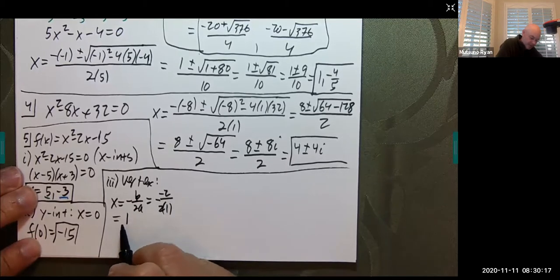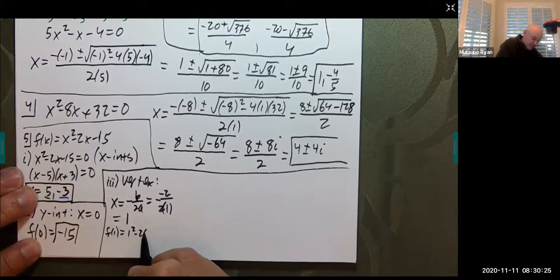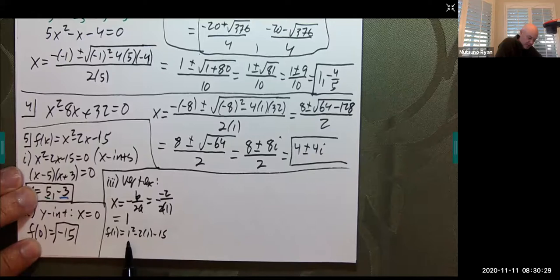So there's my x value for my vertex. My y value, f of 1, is 1 squared minus 2 times 1 minus 15. That is 1 minus 2, which is -1, so it's -16. So the vertex is 1, -16.